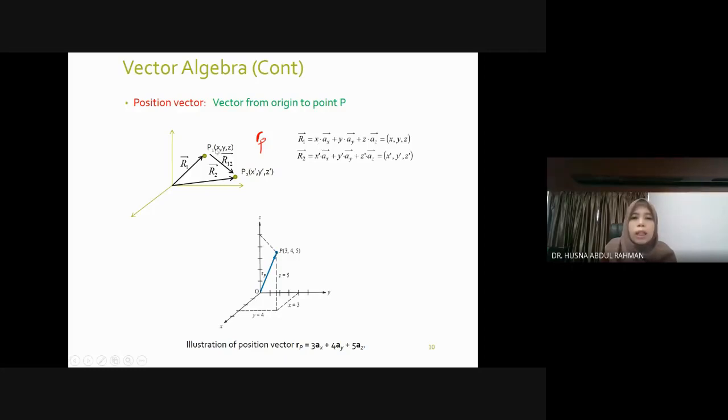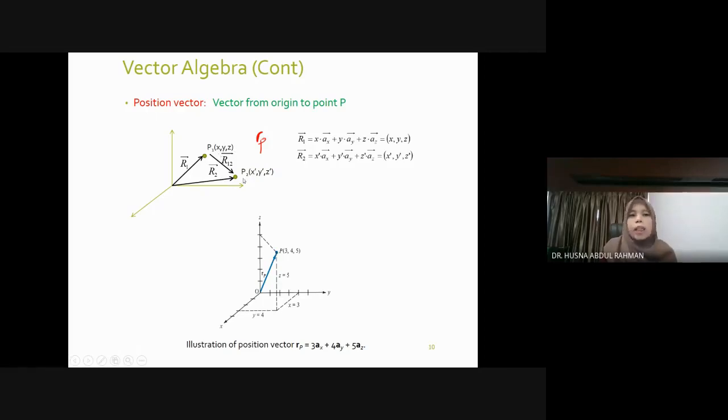So let's say coordinate is x, y, z, then the vector is x ax plus y ay plus z az. Kenapa? Sebab reference the origin. Where is origin? It is at 0, 0, 0, right? So because the reference is at 0, 0, 0, to get the vector, you just directly take the coordinate.